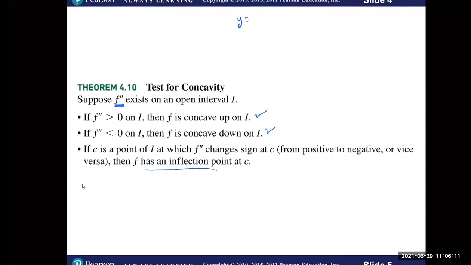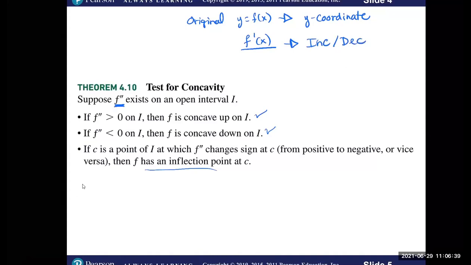So just to summarize, because we're going to have lots of functions floating around, when we have y equals f of x, the original function, the original function will always give us the y coordinate of a point, right? The first derivative is where we get where a function is increasing and decreasing, and where we get critical points.